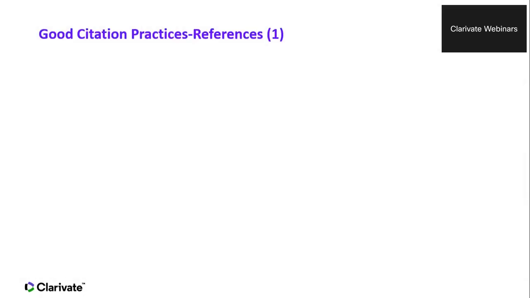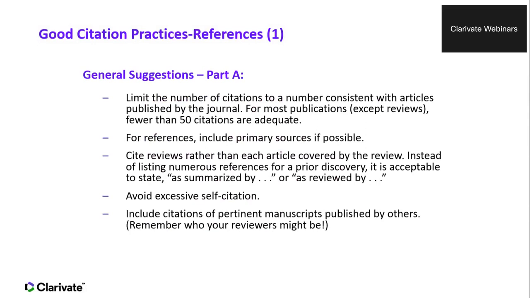Now, coming to good citation practices. General suggestion: limit the number of citations to a number consistent with articles published by the journal. For most publications, except reviews, fewer than 50 citations are adequate. For references, if you're citing some figures, let's say the GDP of a certain country, include primary sources if possible.